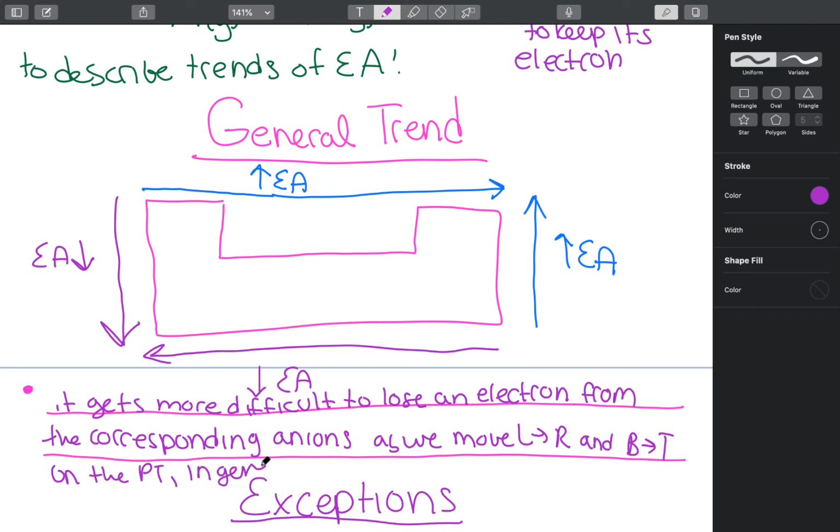So this is only in general, and there are actually a ton of exceptions associated with electron affinity. And we're going to go through each and every exception and explain why they are the way they are.